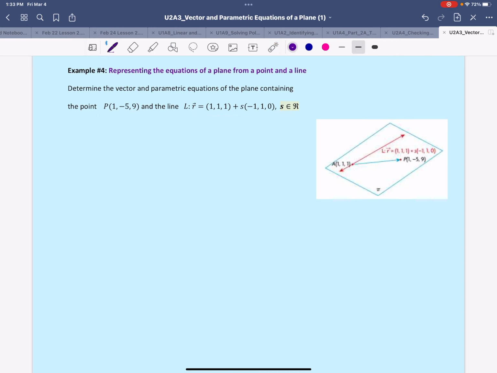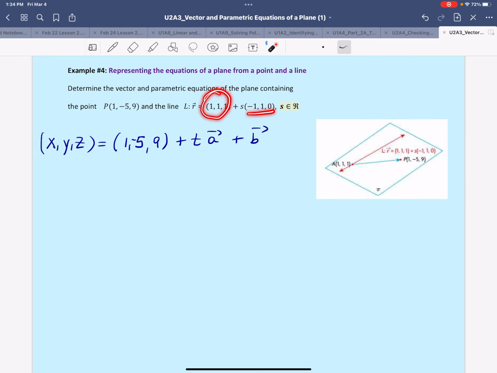Now we're going to say that the vector equation again will be (x, y, z), any point on a plane, would equal (1, -5, 9), the coordinates of point P, and then plus the direction vectors A and B. So what we have in here is some line L. And what we know about this line is a point and a direction vector.